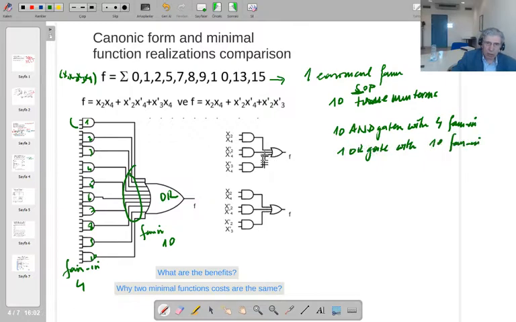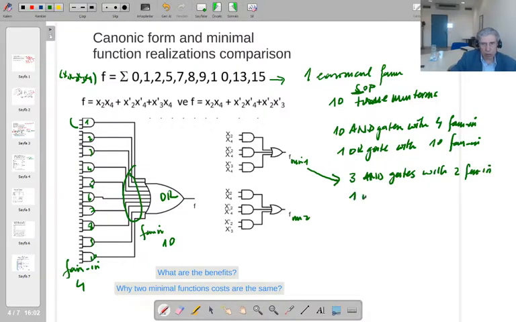Now these two are the minimal function 1, minimal function 2. So if you write these elements in here, we've got 3 AND gates, not 10 but 3, with 2 fan-in, not 4, just 2 fan-in.